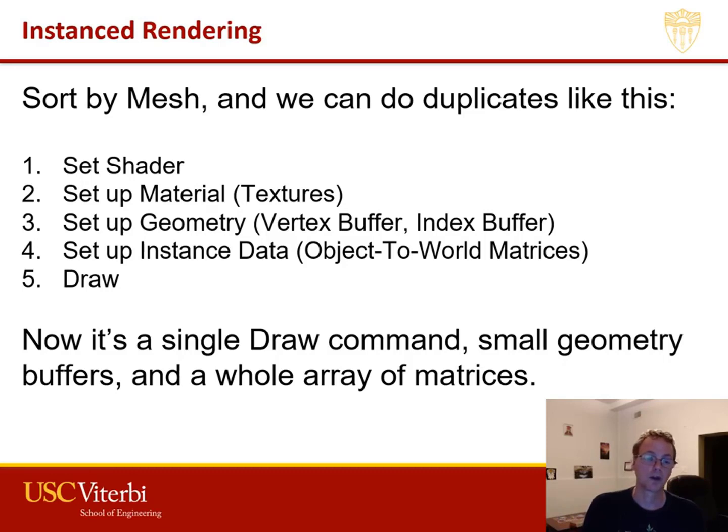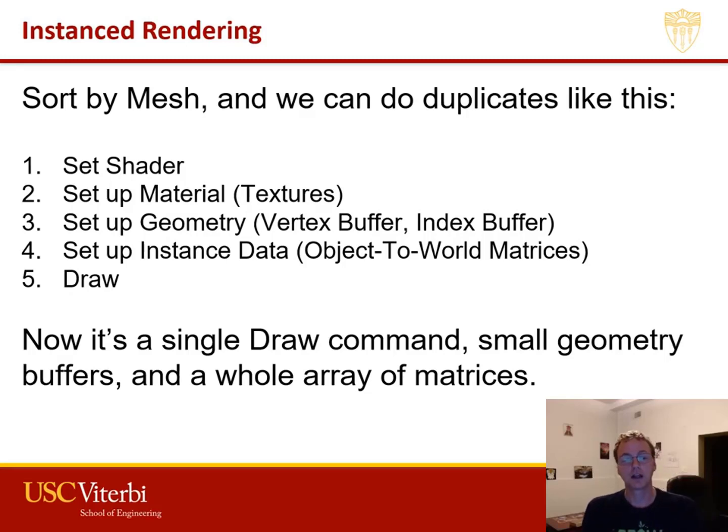Okay, so on the GPU, it still has to run the vertex shader for all those vertices. It still has to transform all those objects and draw and rasterize. It has to run the same number of pixels, same number of vertices, no matter how you slice it. The GPU has to process all that. But what did we save?